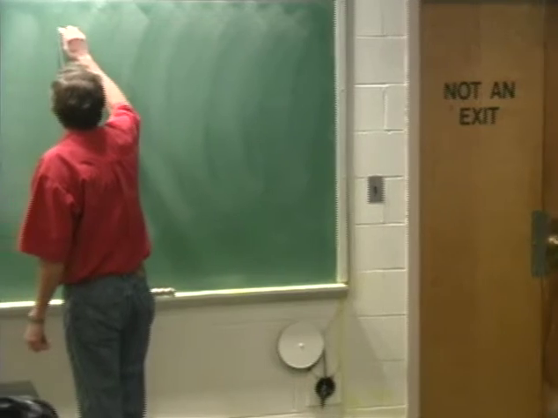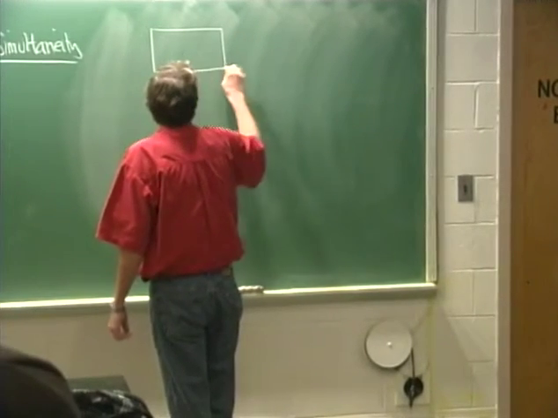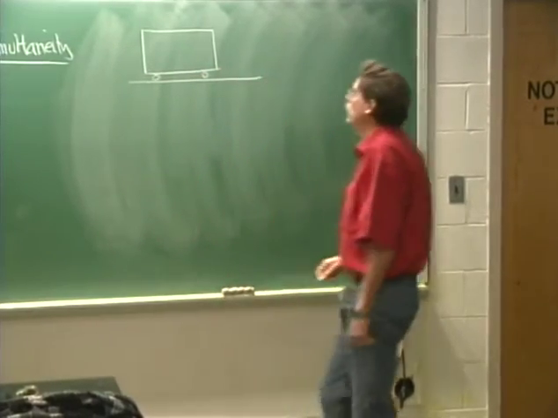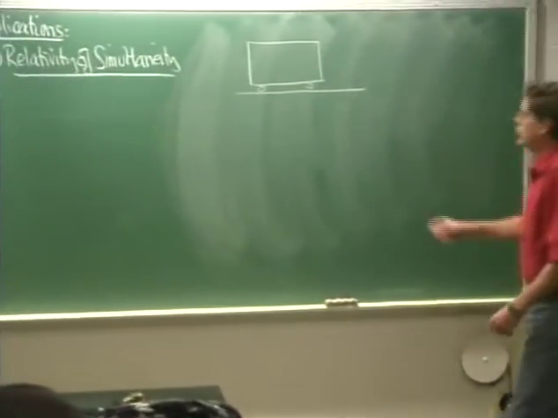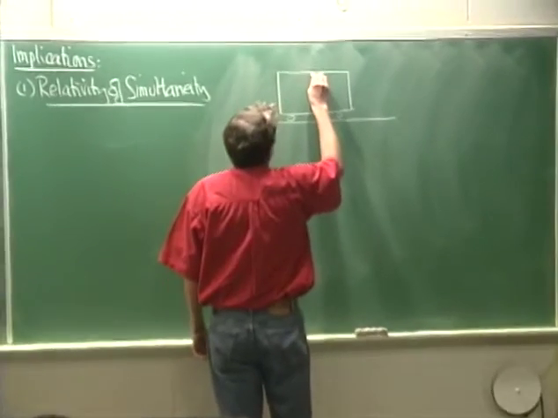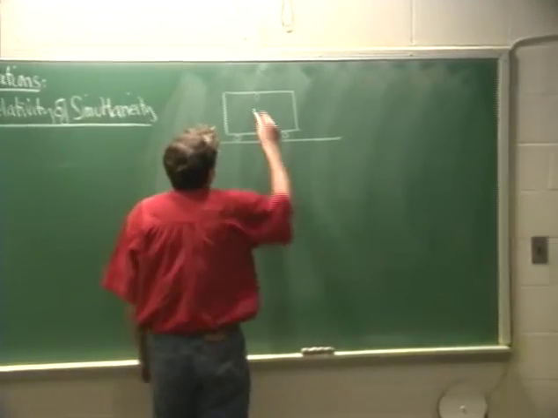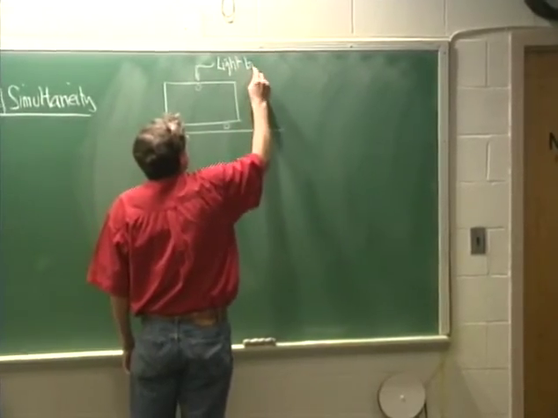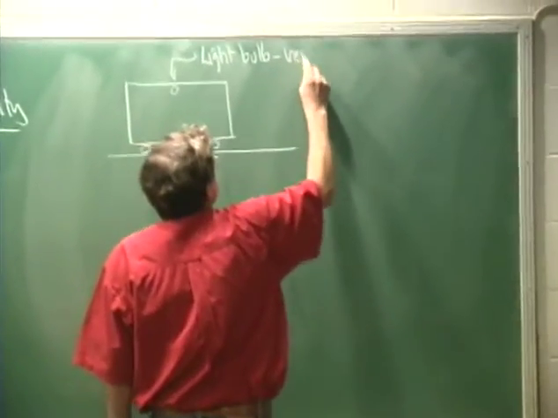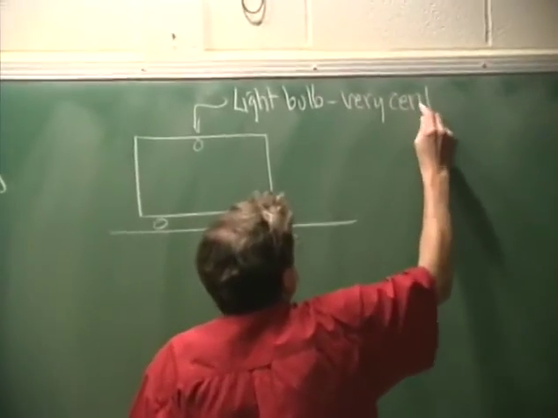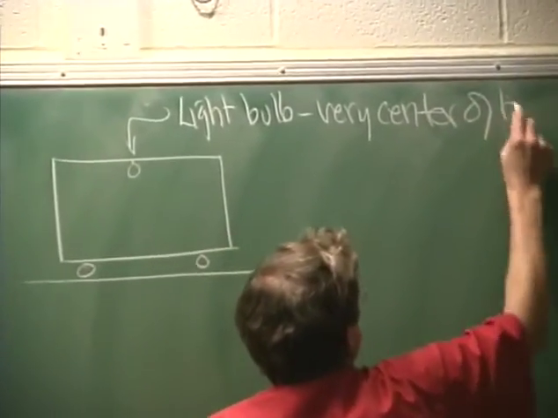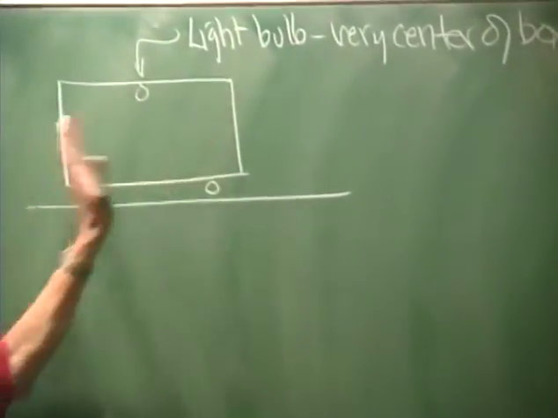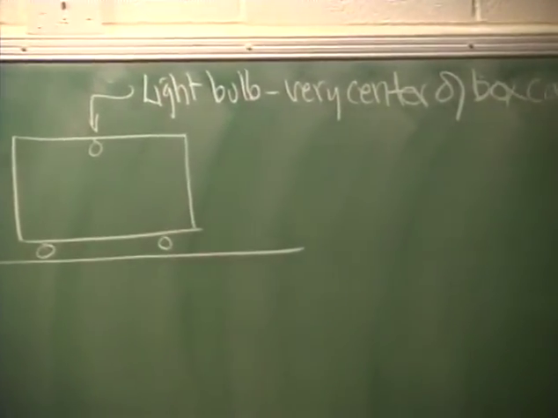Suppose that I've got a boxcar and a train, and I have manufactured a light bulb that I carefully hang from the very center of the boxcar. Center down here, I mean center as far as forward and backward is concerned.